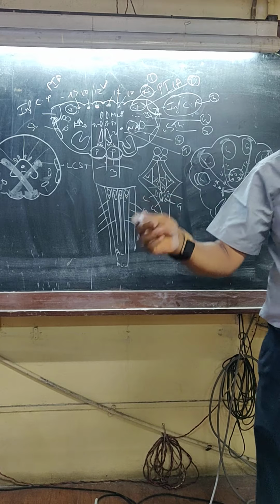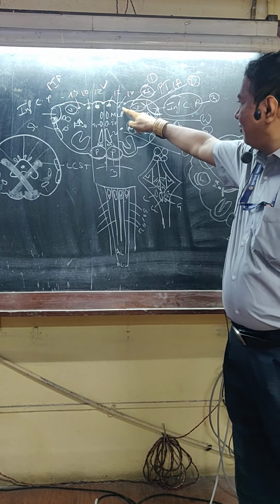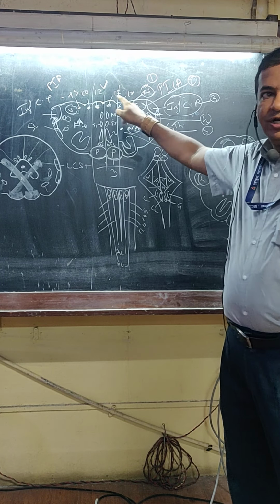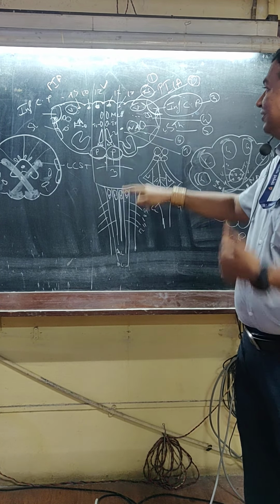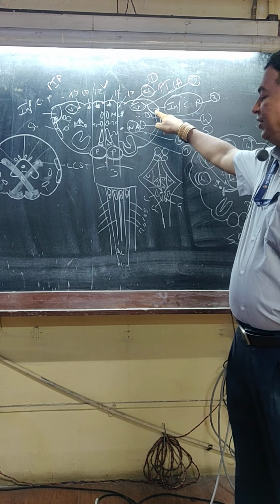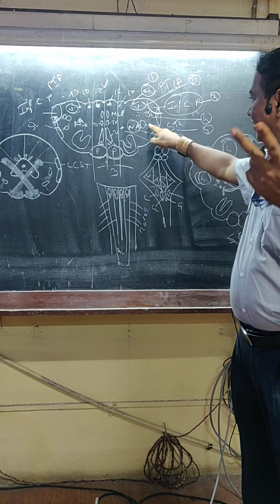Thank you, Joseph. Always start from the back to the front. Tractus solitarius causing loss of taste. Then vestibular nuclei causing vertigo. Inferior cerebellar peduncle causing ataxia.